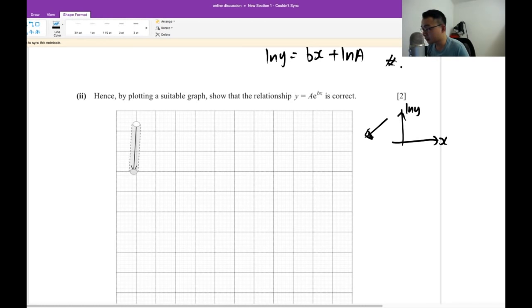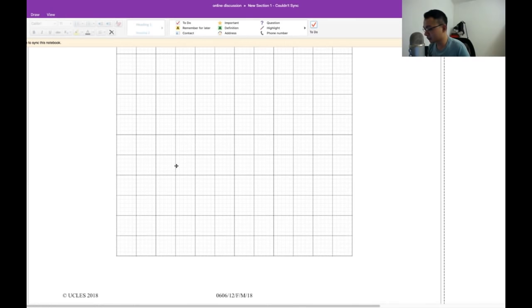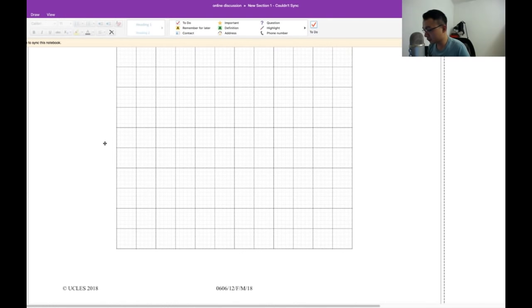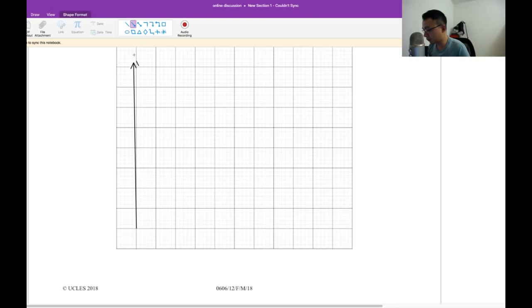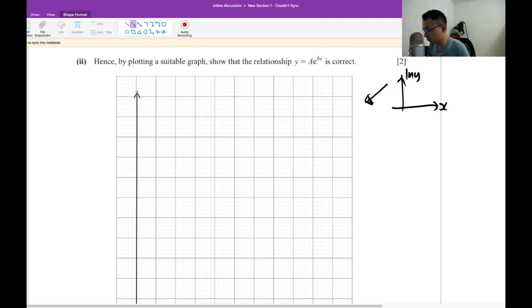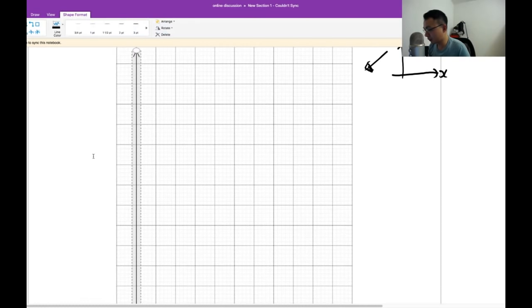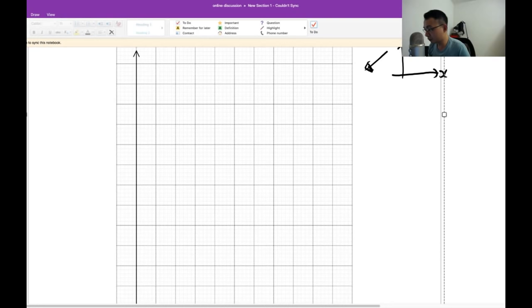No, undo. Let me just redraw it again. Insert another line.